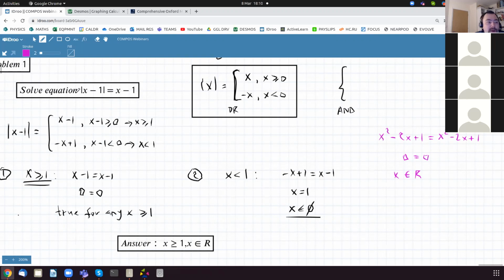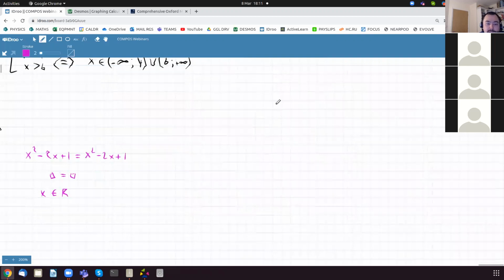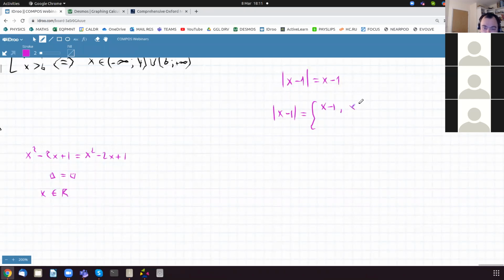From the modulus. Okay. To clarify. So you have an equation, modulus x minus 1 equals x minus 1. So we know that modulus x minus 1 is either x minus 1 when x is greater or equal to 1, or it is minus x plus 1 when x is less than 1.